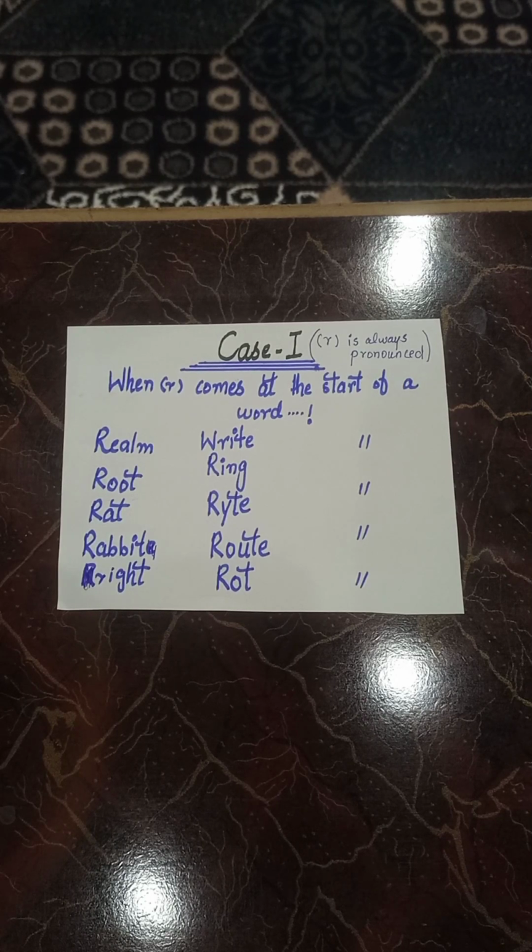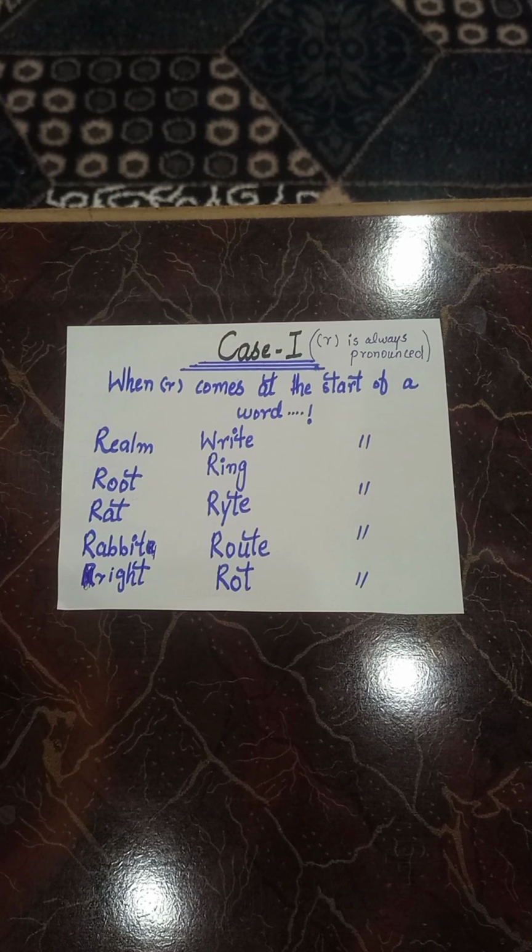I have told you that you have to pronounce R in every situation when it comes to American accent, but in British accent, you have to omit R in some places and pronounce it at other places. So case one is that when R comes at the start of a word, you have to pronounce R in this case. Whenever R comes at the start of a word, you have to pronounce R in that word.